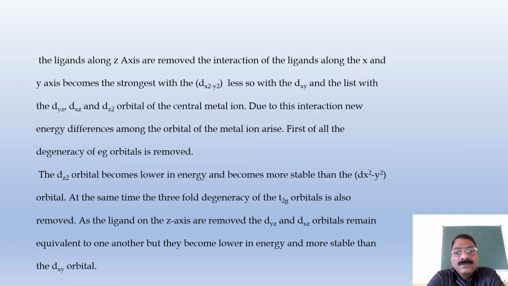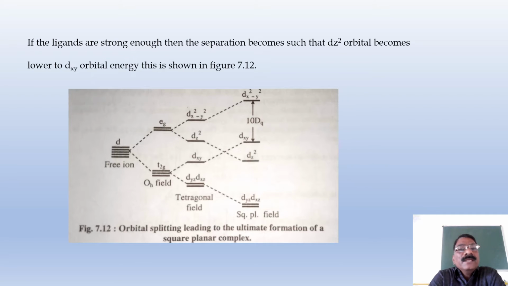As the ligand on the z-axis is removed, the dyz and dxz orbitals remain equivalent to one another, but they become lower in energy and more stable than the dxy orbital. If the ligands are strong enough, then the separation becomes such that the dz square orbital becomes lower than the dxy orbital in energy.